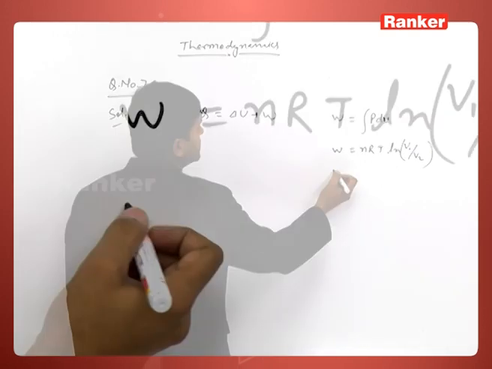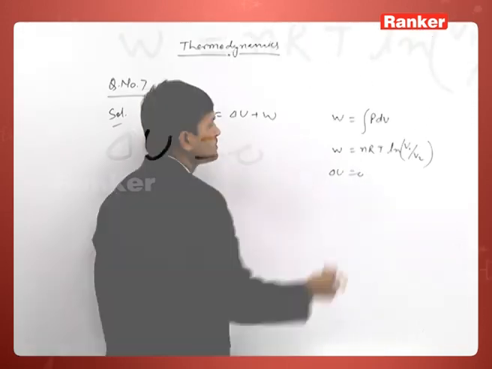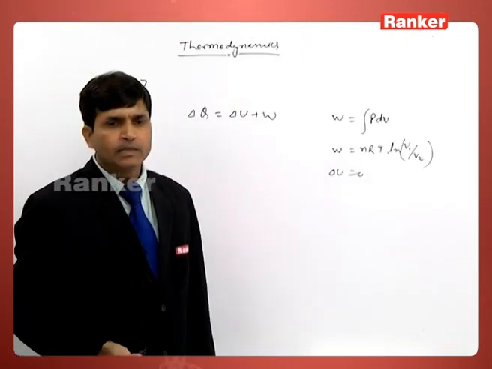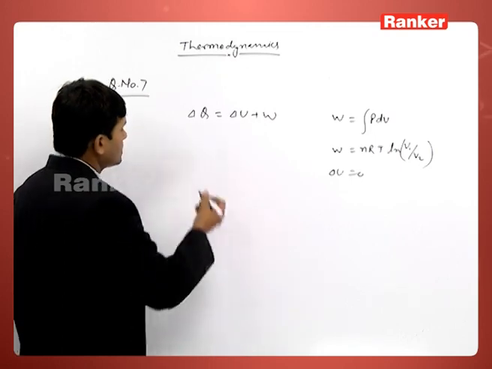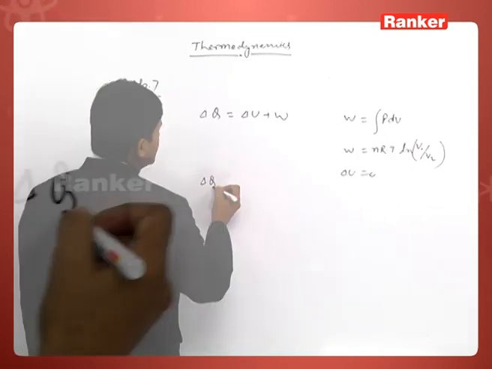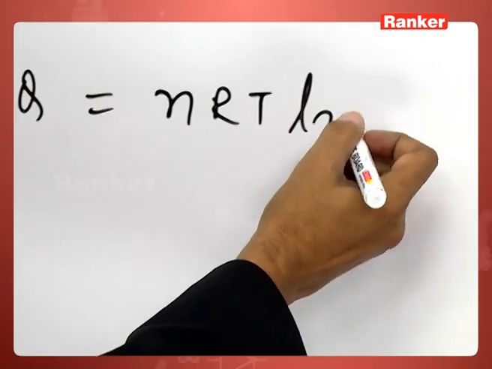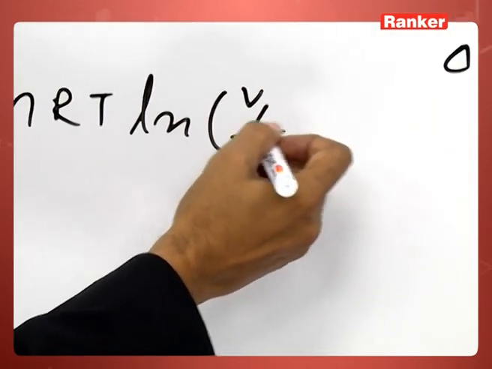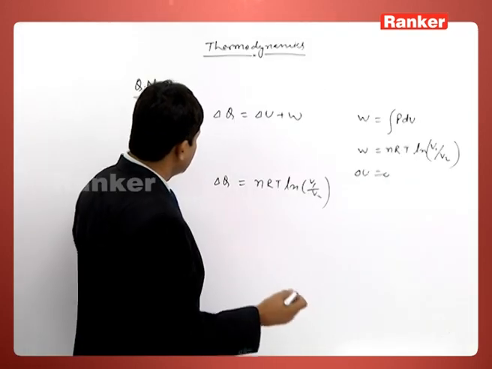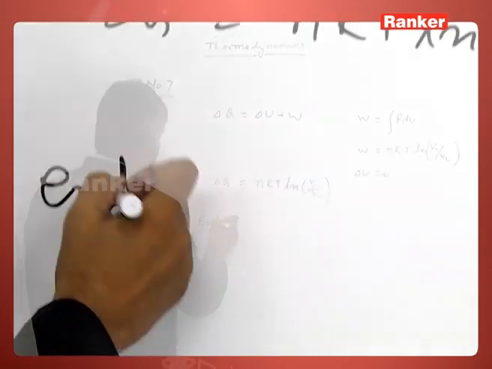And delta U is equal to 0. So delta Q will be nRT ln V2 by V1.